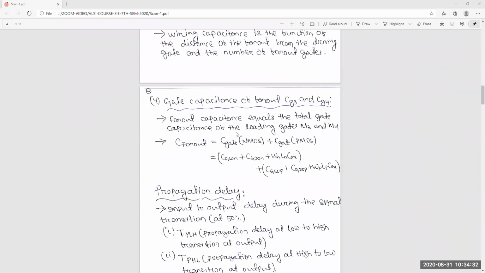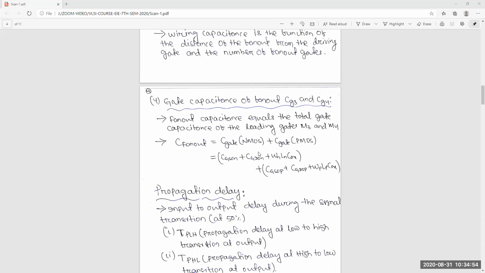Next, the gate capacitance of the fan out, CG3, the output stage capacitances. Generally we call that C fan out, that is C gate NMOS plus C gate PMOS, from gate to source of PMOS or gate to source of NMOS.